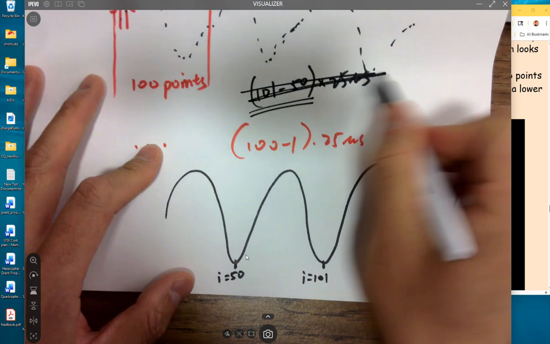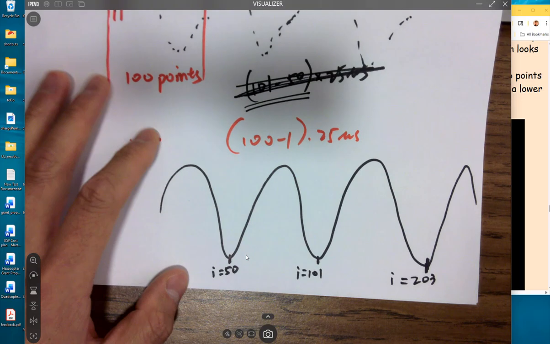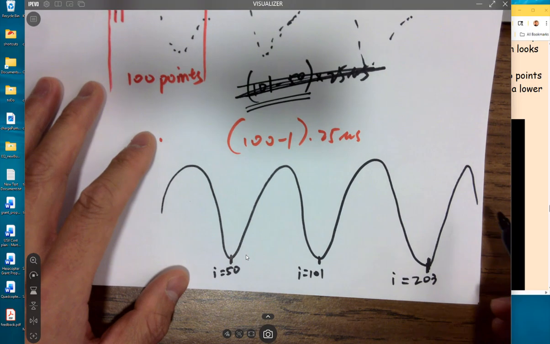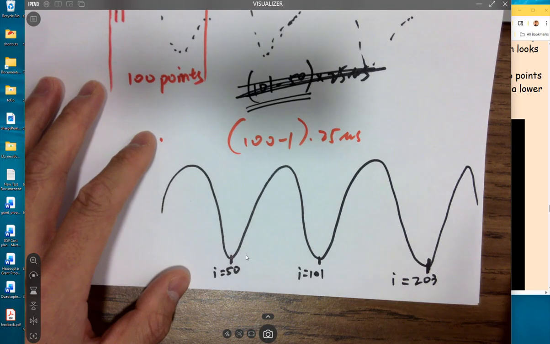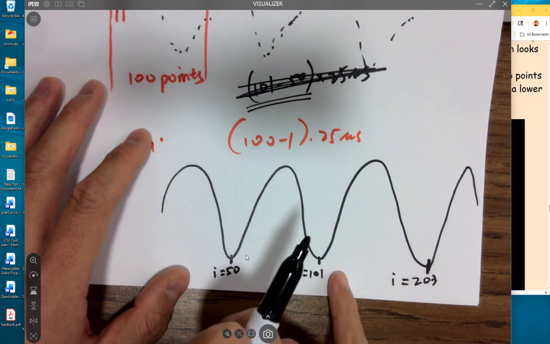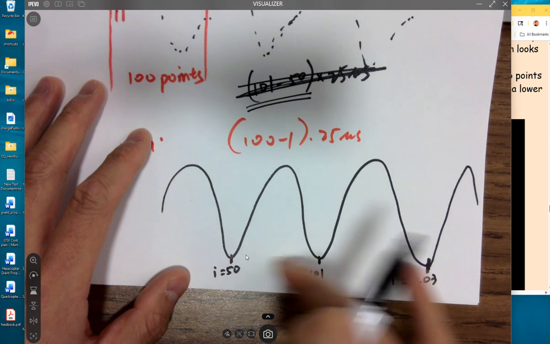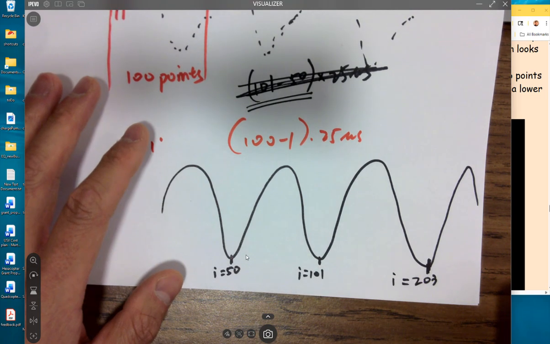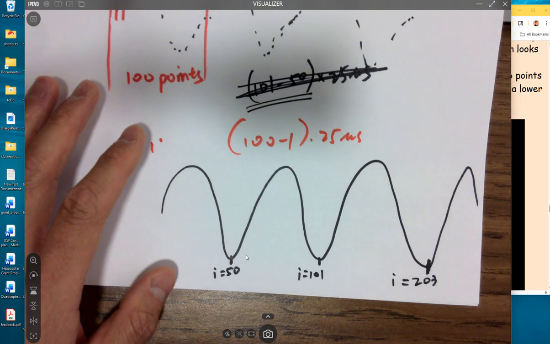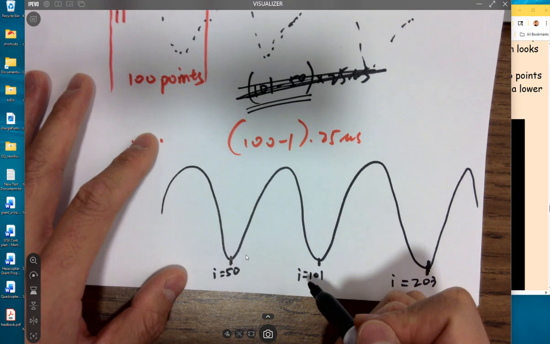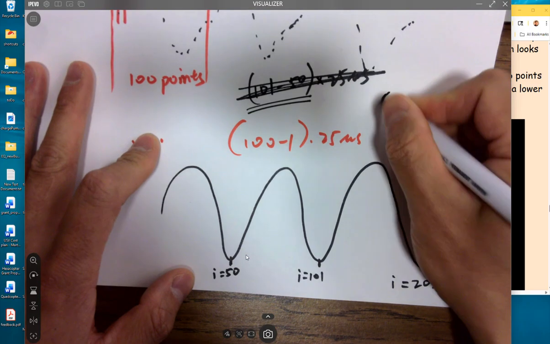Now it's asking for the period of the sound wave, and I'm assuming it's a constant frequency. So I'm going to average these two periods, right? If I have 3 bottoms, how many periods? Two periods, right? 1, 2. So if you have 3 bottom peaks, take 3 minus 1.